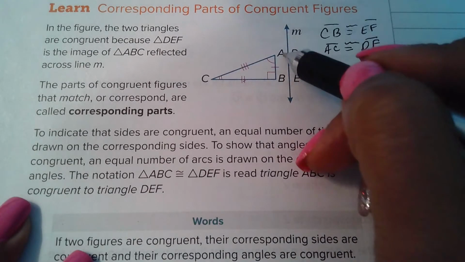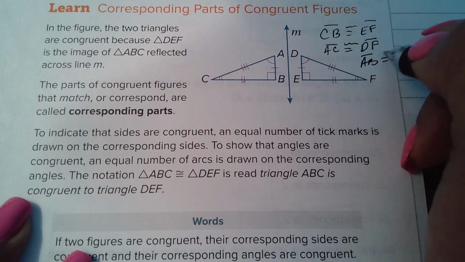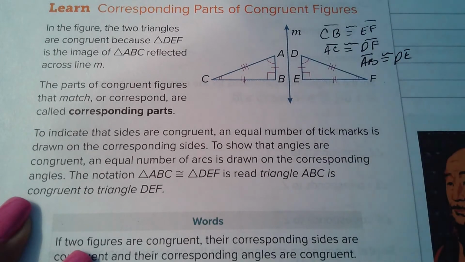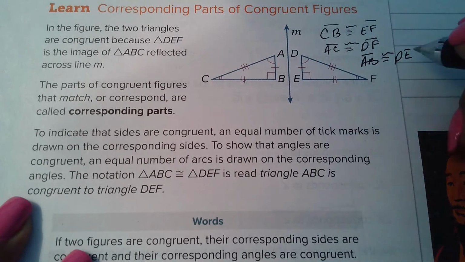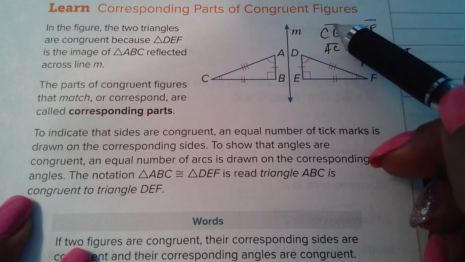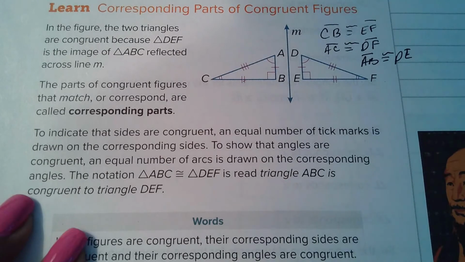And AB is congruent to DE. Excuse my sloppy handwriting. All right. Remember that your sides of a figure will have this bar line above it.